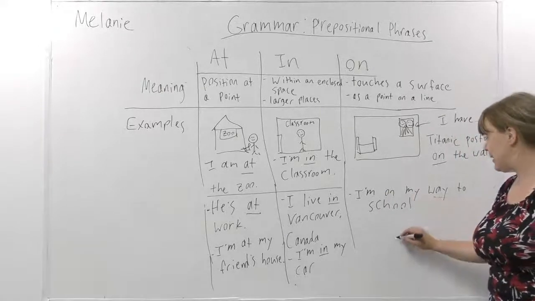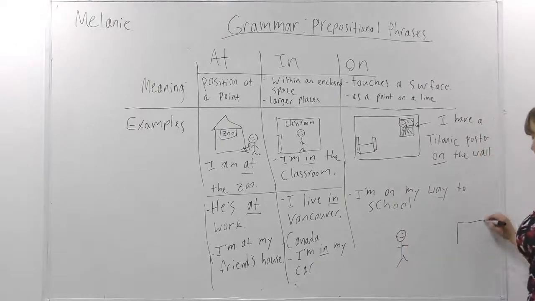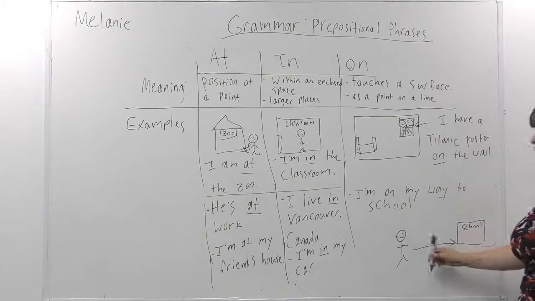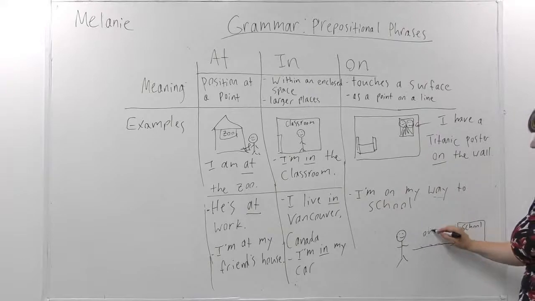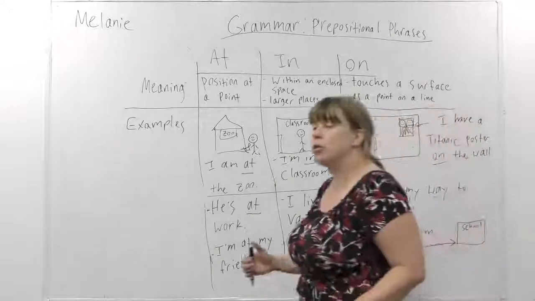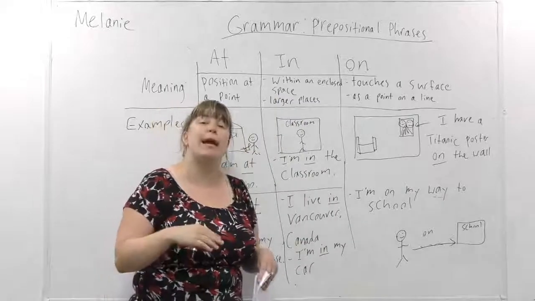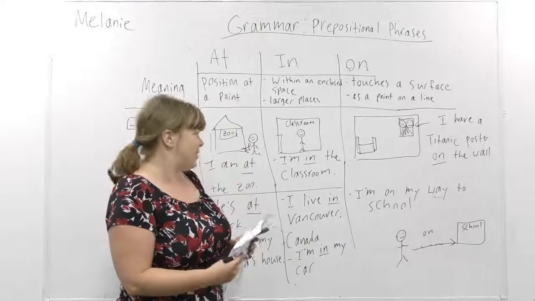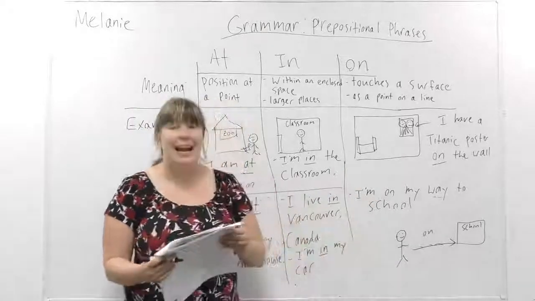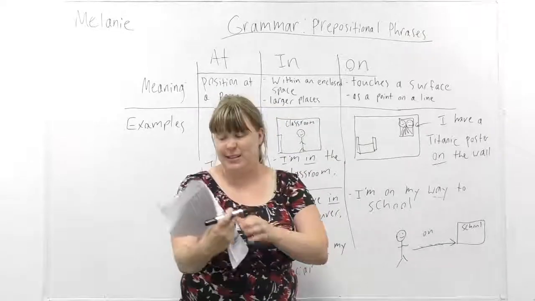So here's me. Here is the school. So I'm going in a direction, and we're going to be using on. I'm on my way to school. After I finish school, I will be on my way to England on a nice family vacation. So that is when we use on. And again, so many examples here.